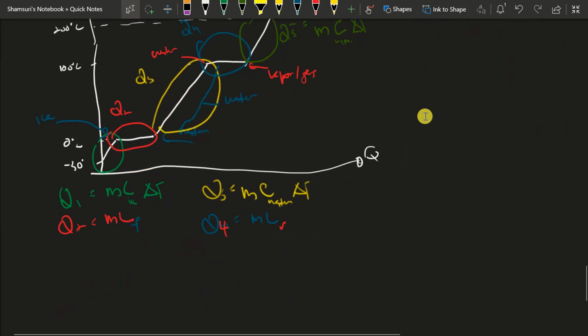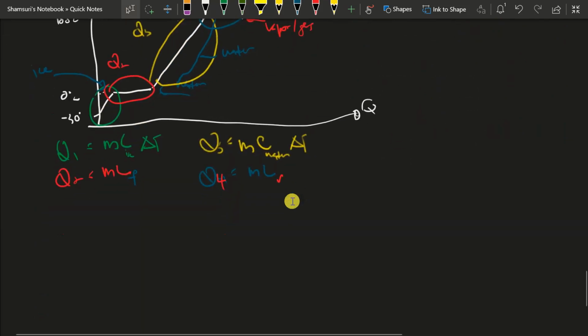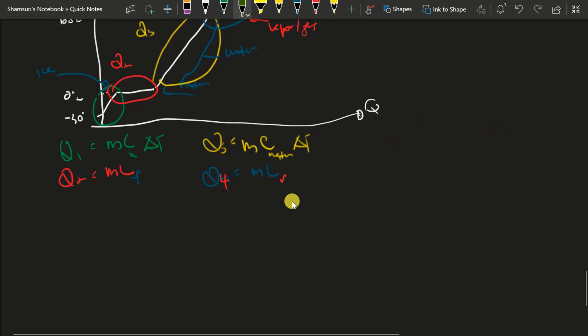So if you put all this together, I have no time here. I think we have very short time. I can cover another question also. If you look at Q1, Q2, Q3, Q4, and Q5.